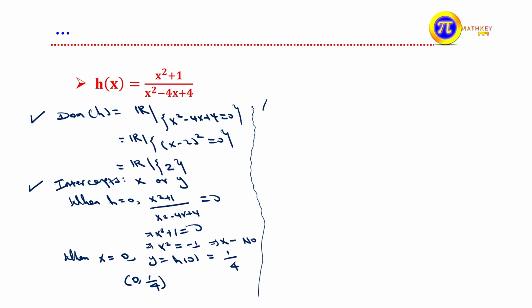determine the asymptotes. When determining asymptotes, since the degree of the numerator is equal to the degree of the denominator, the horizontal asymptote is equal to the ratio of the leading coefficients. The leading coefficient here is 1, so 1 divided by 1 is 1. What about the vertical asymptote?